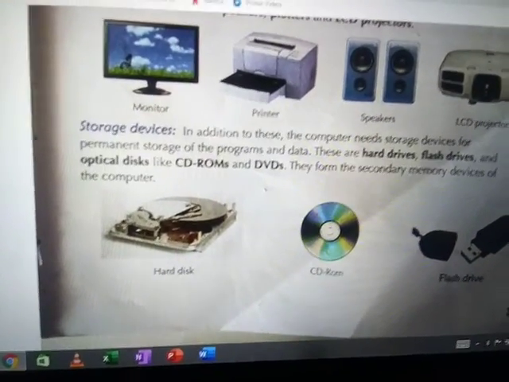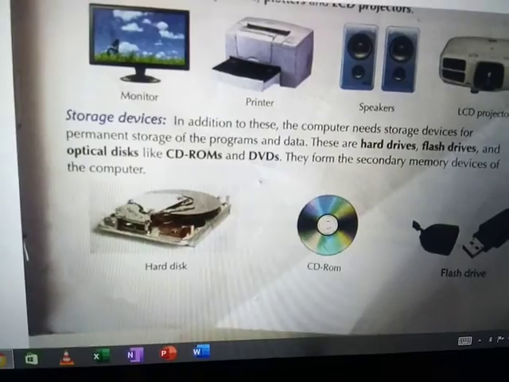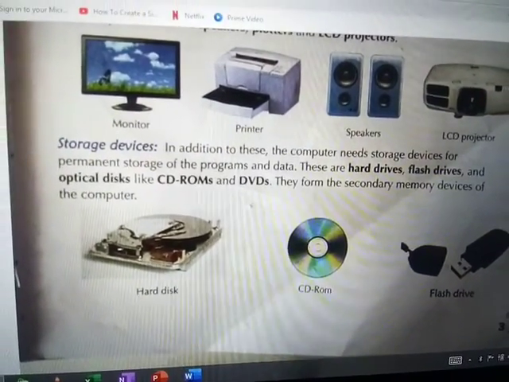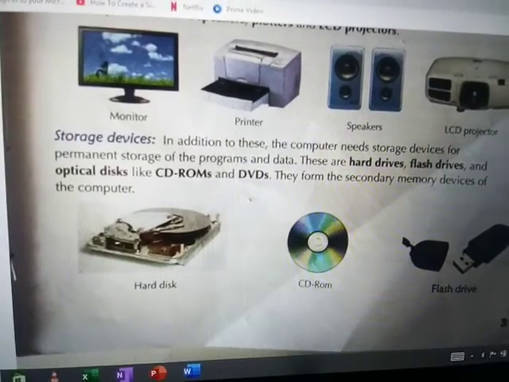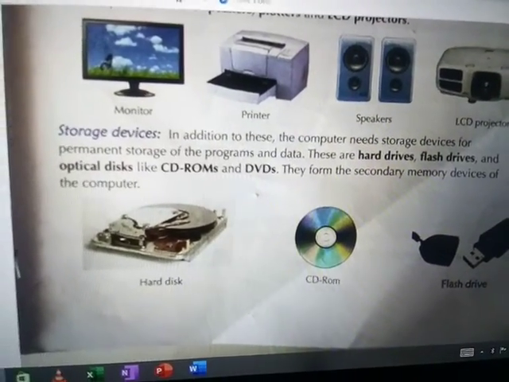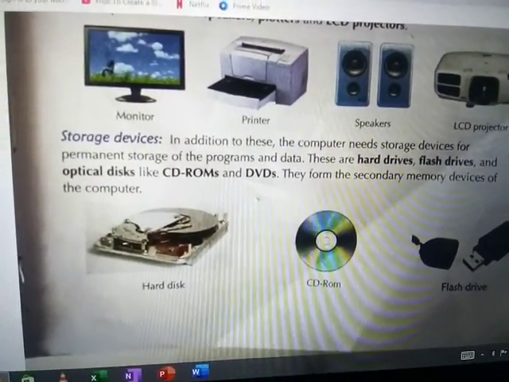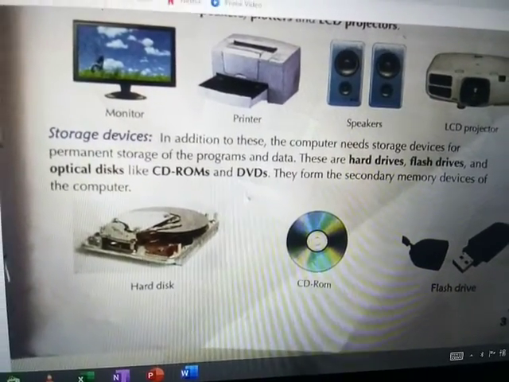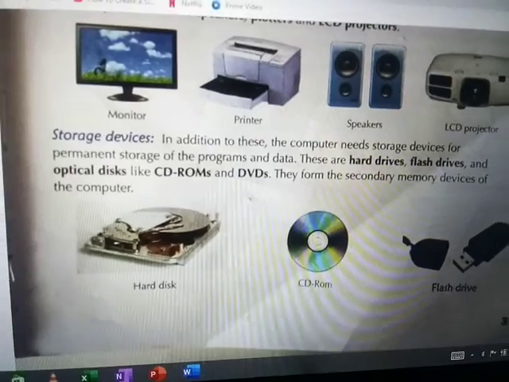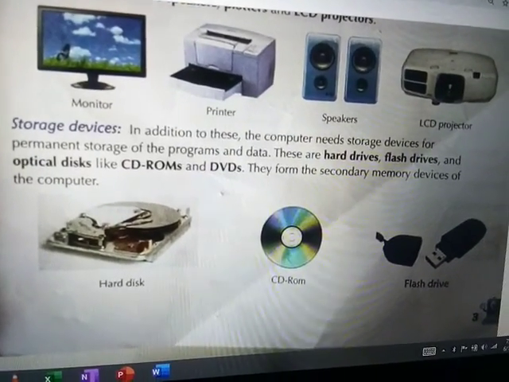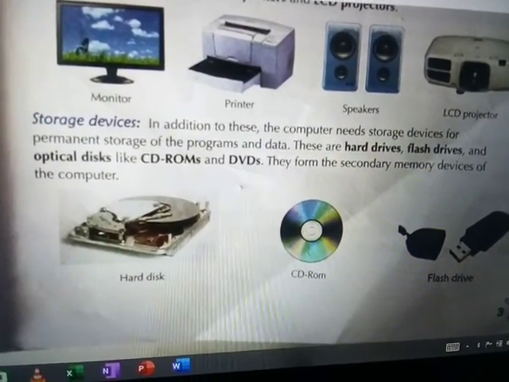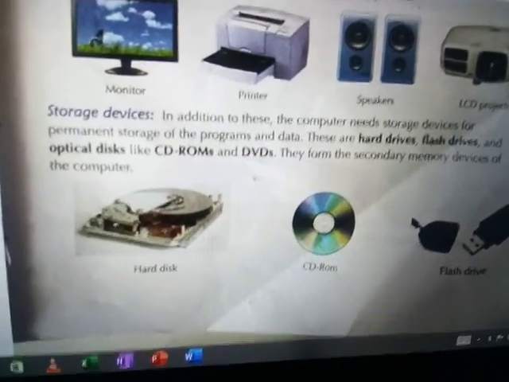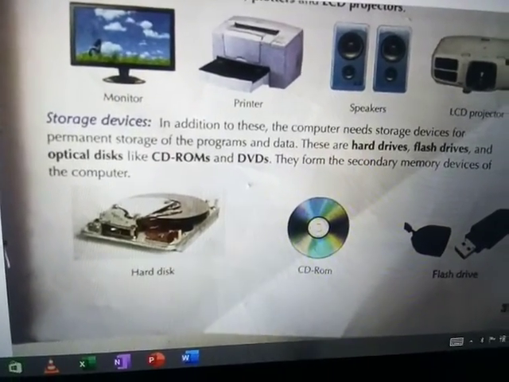But where is the data stored, for example videos, movies, pictures? It is stored in a storage device. You know the pen drive, right? Pen drive is a storage device because you are storing documents or music or videos, all of which are combinedly called data. So the pen drive is a storage device.